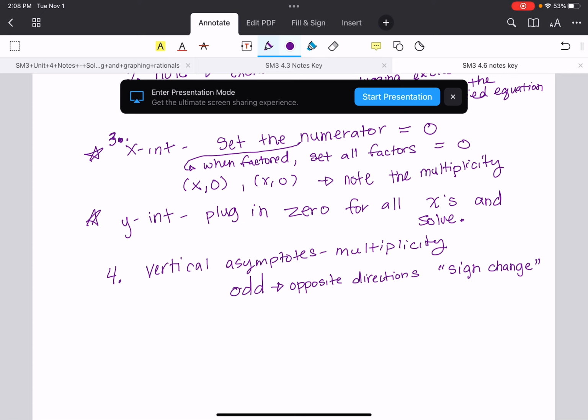Even multiplicity, same direction, aka no sign change.